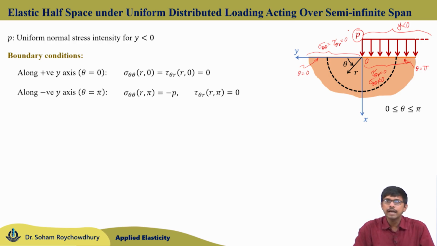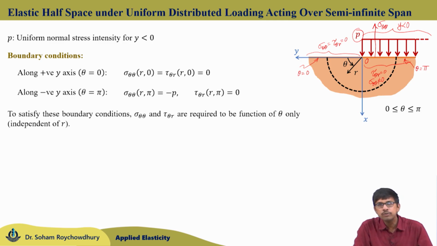Because the applied load P is compressive, acting downward, and on this plane the sigma theta theta direction by sign convention is upward positive. As the directions are different, sigma theta theta (r, pi) should equal minus P.